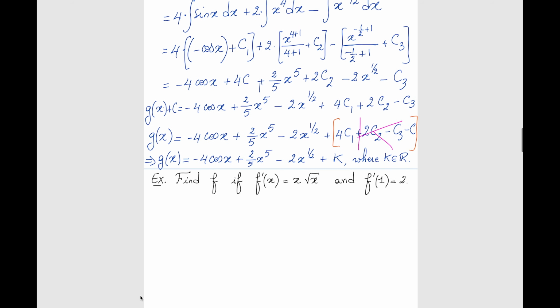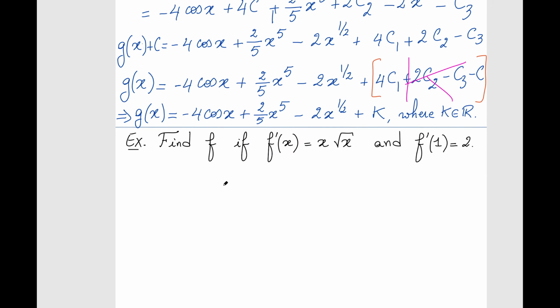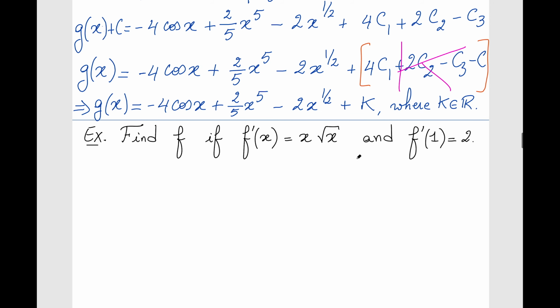All right. Next, find f if f prime of x is equal to x square root of x and f prime of 1 is equal to 2. What did we call this at the time? Above, this is an equation involving the first derivative of f, and we refer to it as a differential equation, correct?